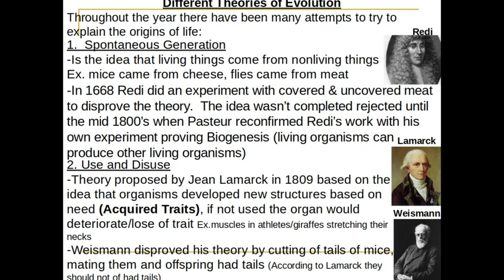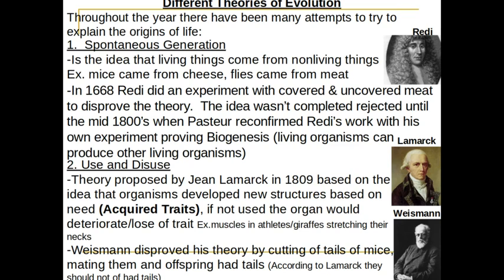In some cases, this seems pretty logical. In the case of a giraffe's neck, as a giraffe's neck gets longer, each successive generation following has that long neck. And so, gradually, over many, many generations, the neck of the giraffe developed to be the long structure that it is today.